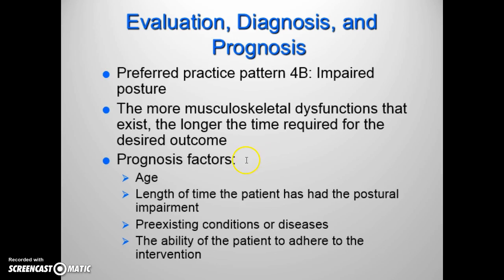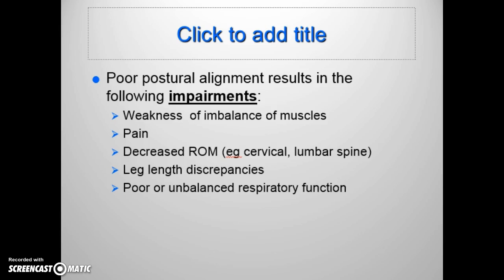Some of the factors that affect whether a person is going to get better or not are age, the length of time that the patient has had the postural impairment, any pre-existing conditions or diseases, and whether the patient is going to adhere to the physical therapy exercises and the intervention that are given by the therapist.